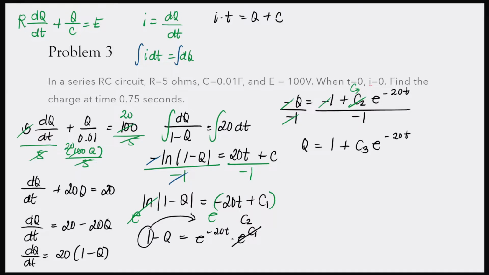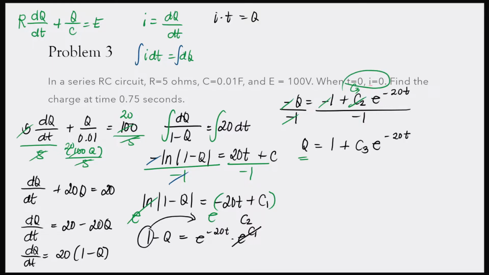Basically, q is equal to it. We can disregard the c because we are just getting the value of q that we will plug in here to use our initial condition that t is equal to 0 when i is equal to 0.